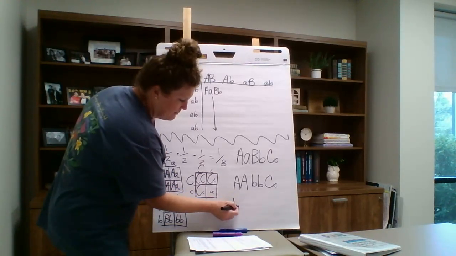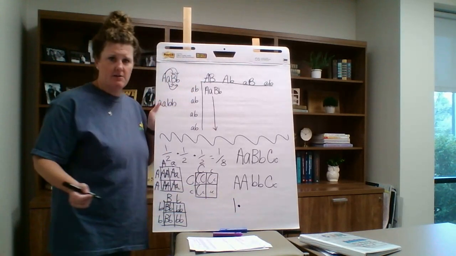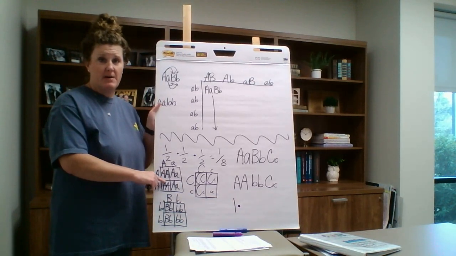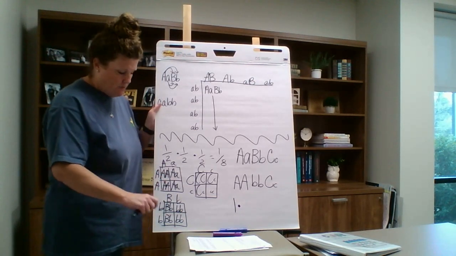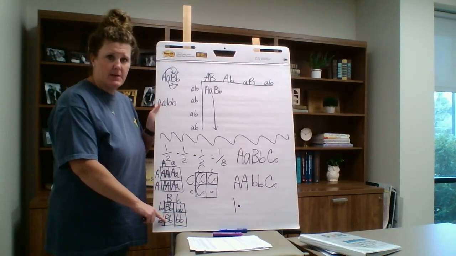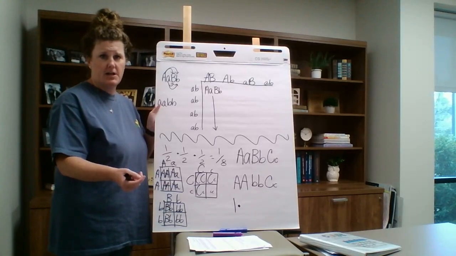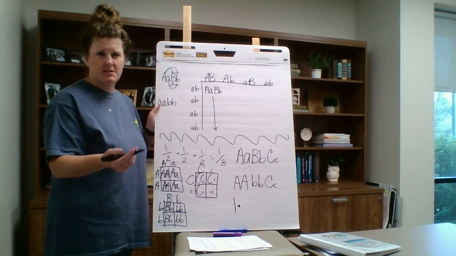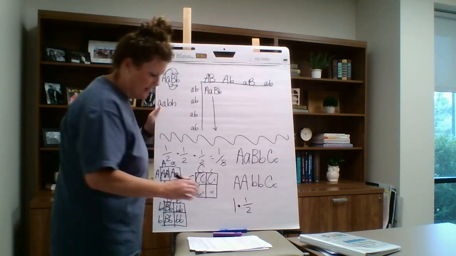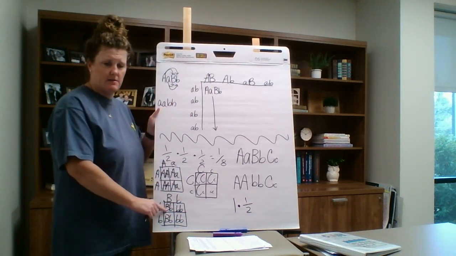All right, remember I'm going to multiply my events together, so I have pretty much 100% chance of getting a dominant A, all right? When I look at my B's, 2 of them have capital B, so I have a 2 out of 4 chance. I would always reduce because it's easier to multiply. So I have a 1 out of 2 chance of getting a dominant B trait.